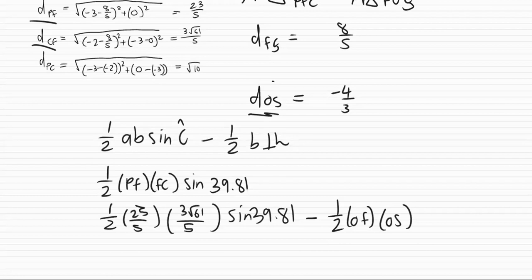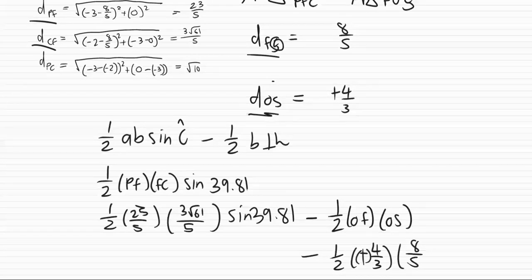This is OF. Minus a half times minus 4 over 3. But now we don't put this minus, because distances are always positive. So it's just 4 over 3 in distance. And then we have 8 over 5. So the distance of OS is not going to be negative.